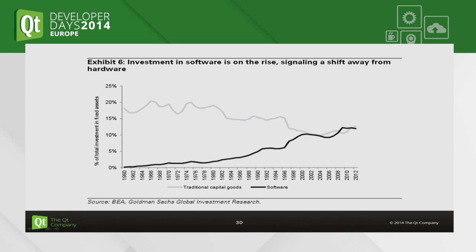And they continue by saying, as the amount of data collected by connected devices swells, we expect increased investment in analytical platforms and visualization technologies that will allow business managers to make sense of the information and react to it. Well, I think the point of Internet of Things is that you don't need the business manager to analyze the data, but the smart sensors should analyze themselves and just take over the world from business managers. But anyway, the point is that there's a growing increase in the requirements of software.